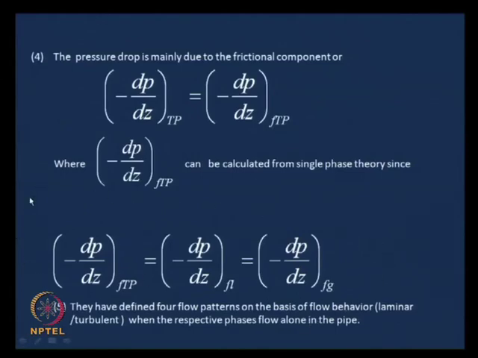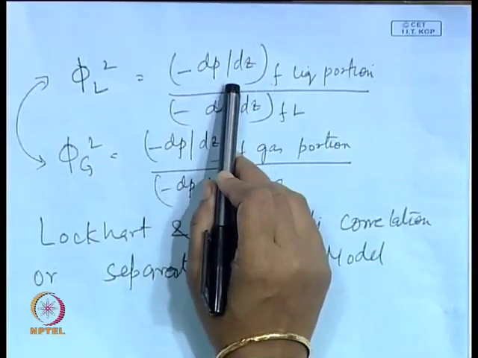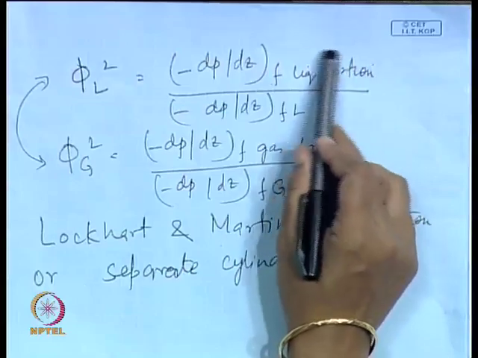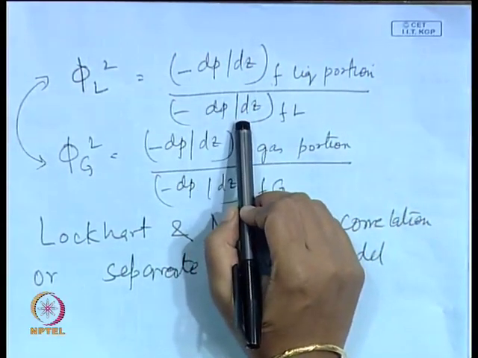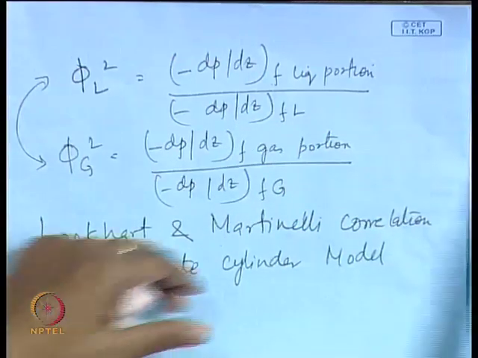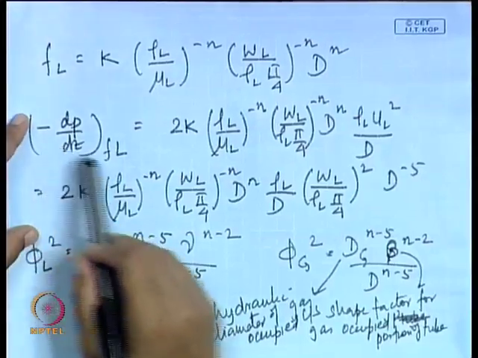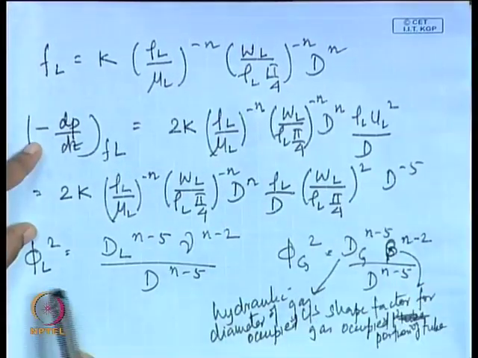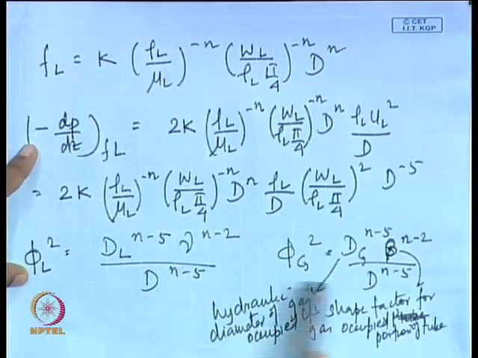So phi L square was minus dP dz frictional for the liquid portion of the flow divided by the frictional pressure gradient when that particular liquid flows alone in the pipe. Based on this we had derived the frictional pressure gradient for the liquid portion, and then the frictional pressure gradient when that liquid flows alone in the pipe, and finally from those expressions I had obtained expressions for phi L square, and I had said that a similar expression exists for phi g square as well.